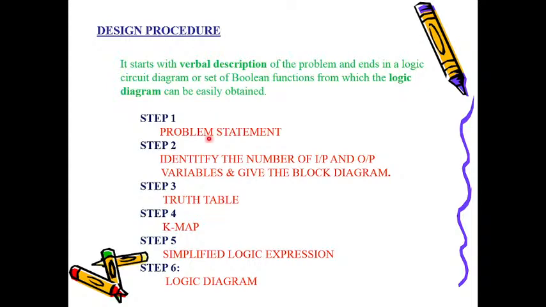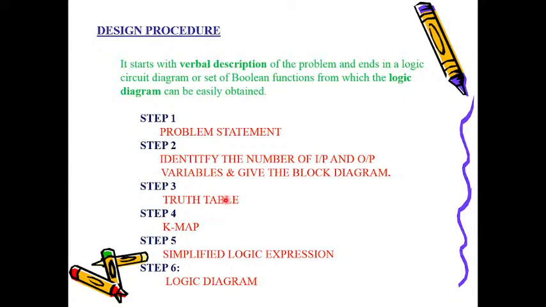Based on the problem statement, you know the functions, so you can plot your truth table. Got it? The truth table is nothing but the representation of the logical function of any circuit. So the truth table will comprise your input versus output.